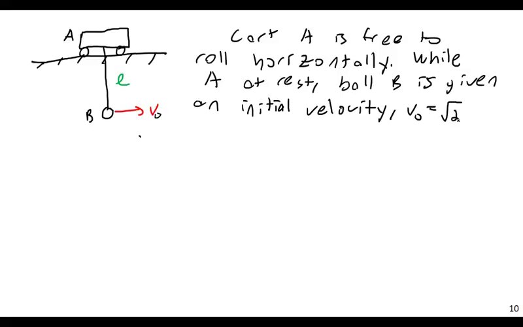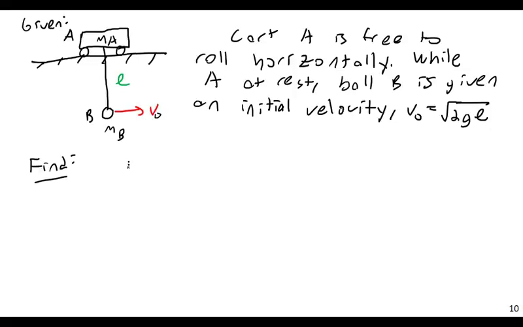So it's given a velocity equal to the square root of 2gL, and all this is given. This has mass mA, and this is a variable problem, and mB.